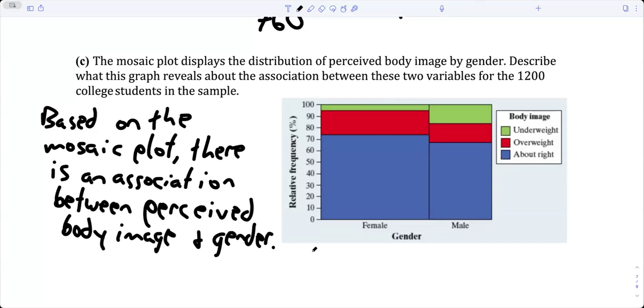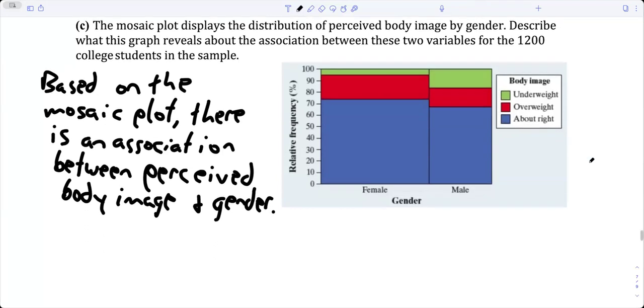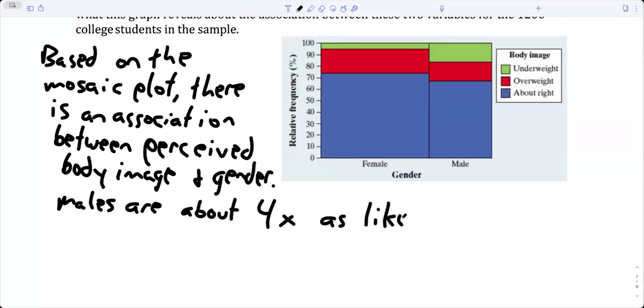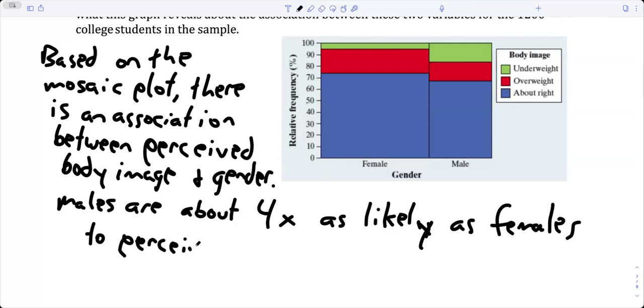Okay, so let me answer the question that they asked. Is there an association? It seems like it. And now I'm gonna provide my justification for that. Okay, so I said males are about 4 times as likely as females to perceive they are underweight.